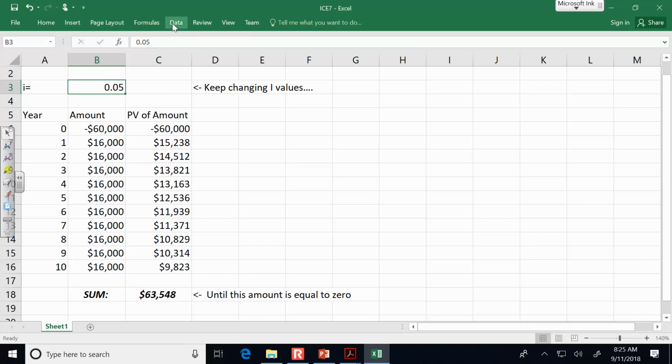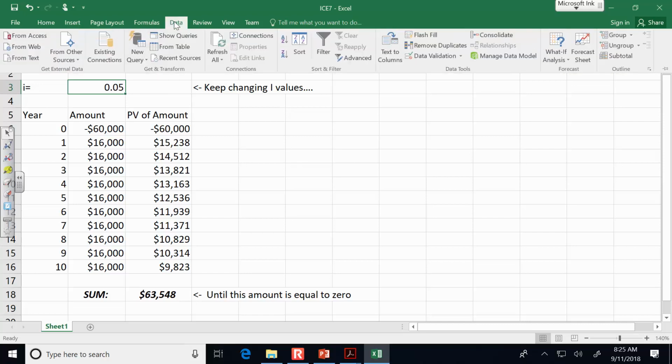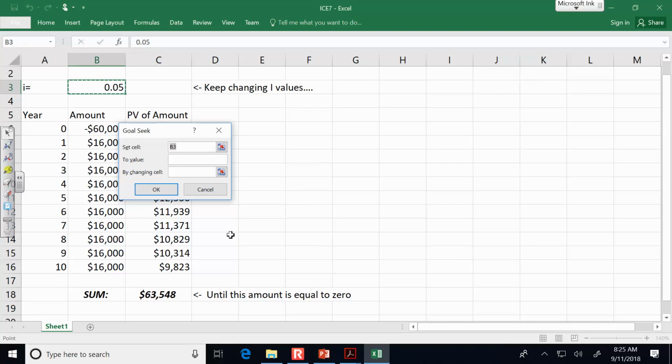If you go to the Data tab, Data and What If Analysis, and GoalSeek, our goal is we want the sum of that to be 0. So GoalSeek, okay, so set that cell to the value of 0 by changing the interest rate.